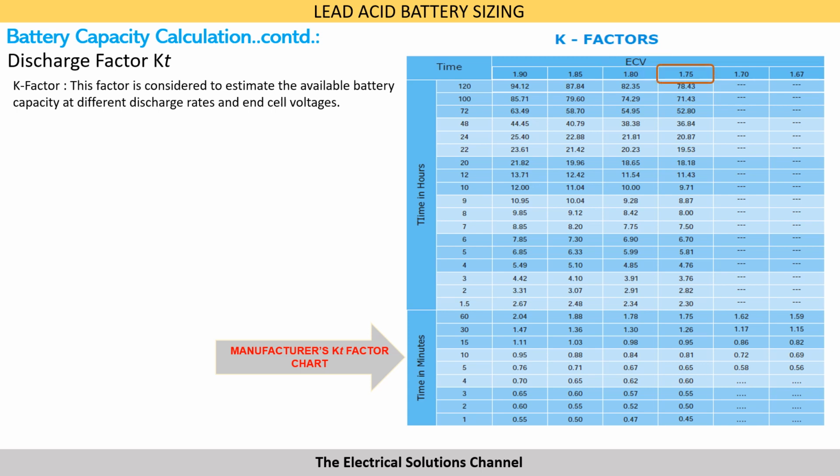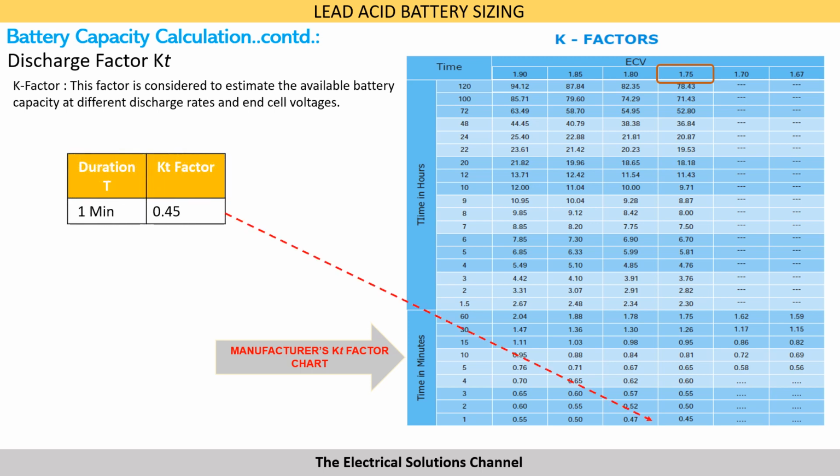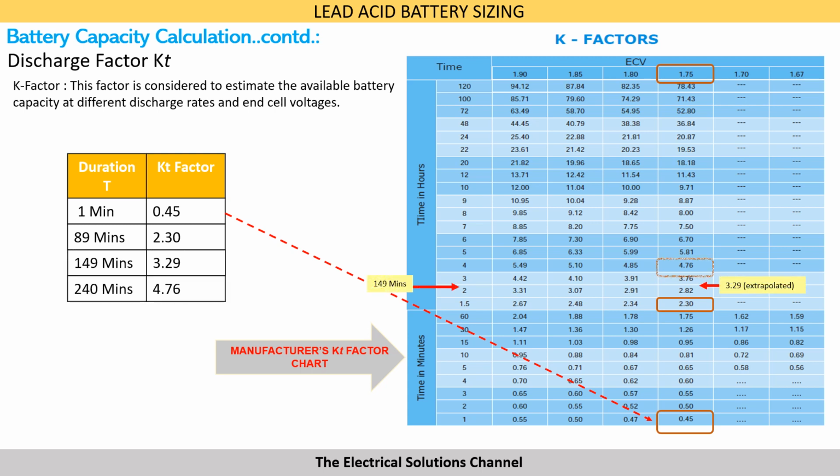Accordingly, we have KT equal to 0.45 for 1 minute, KT equal to 2.3 for 89 minutes, 3.29 for 149 minutes, and KT equal to 4.76 for a load duration of 240 minutes.